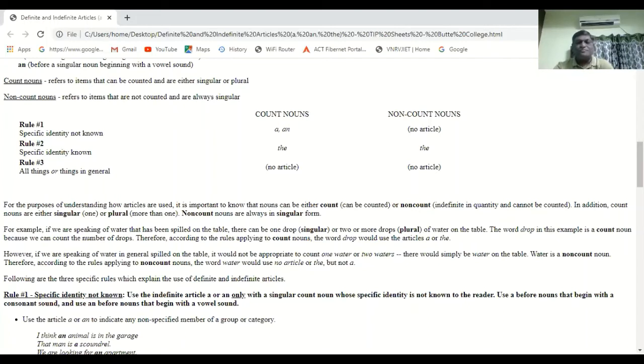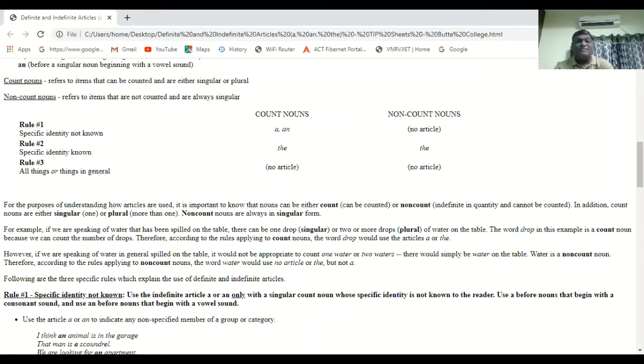Now, before countable nouns, we can use a or an. Whereas a and an are not used before uncountable nouns, we can't use them.